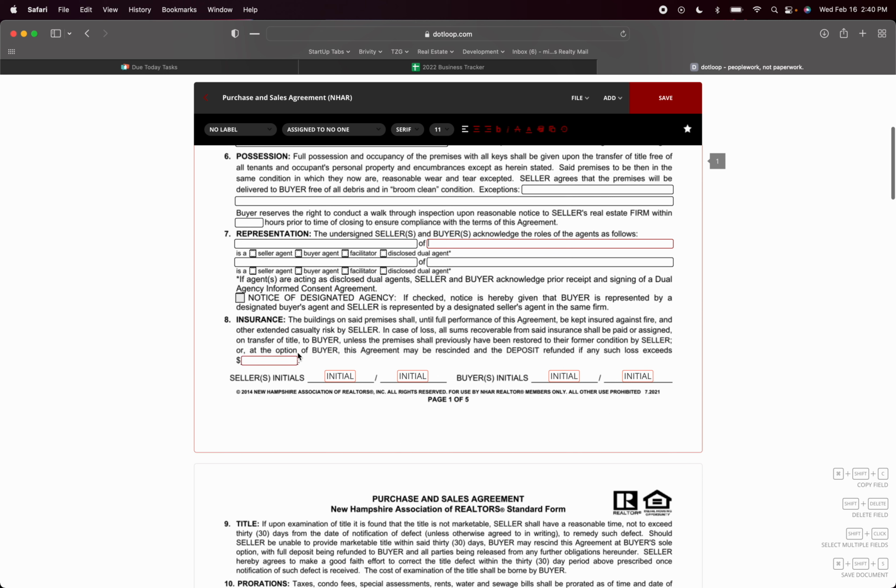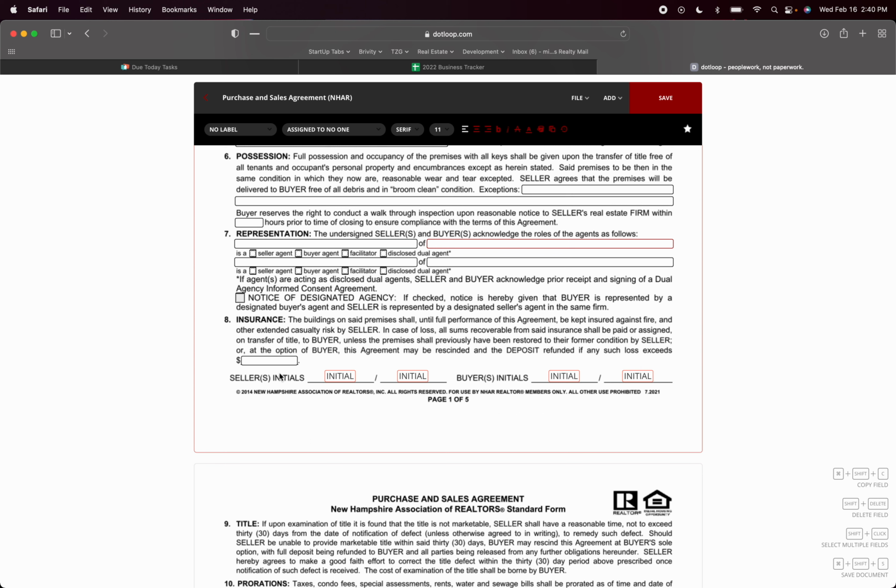This next paragraph here is about insurance. So this essentially says that if something happens to the property once it goes under contract, you're going to set a dollar amount here, and if the damage to the property exceeds that dollar amount, the buyer would then either have the right to terminate the contract, or they could make an agreement with the seller as to how repairs are going to be made to the property and handled.